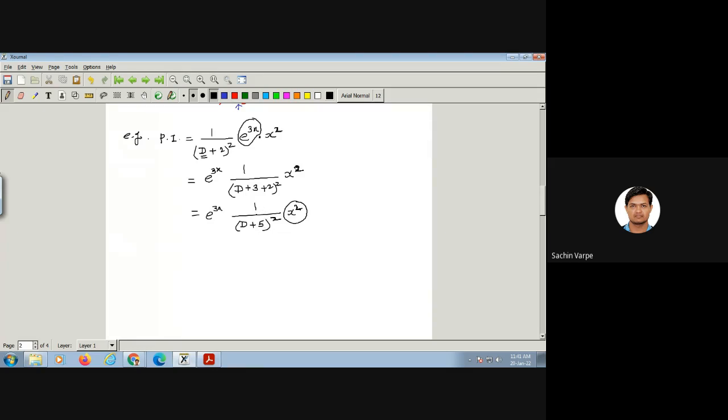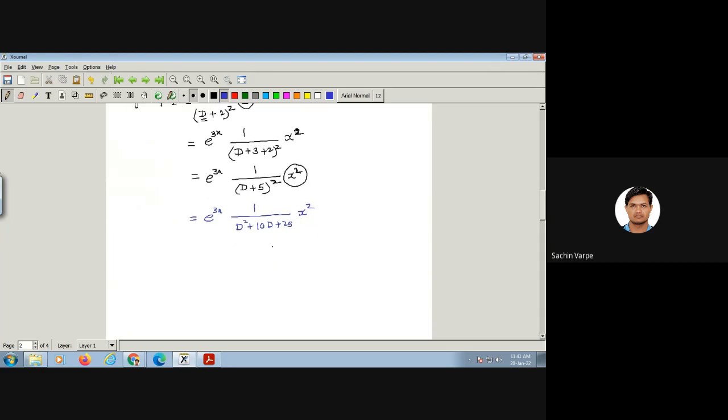So what do we do? We first of all expand the denominator: e raised to 3x into 1 upon d square plus 10d plus 25, x square. And then to get 1 in the denominator, we take 25 common from the denominator.